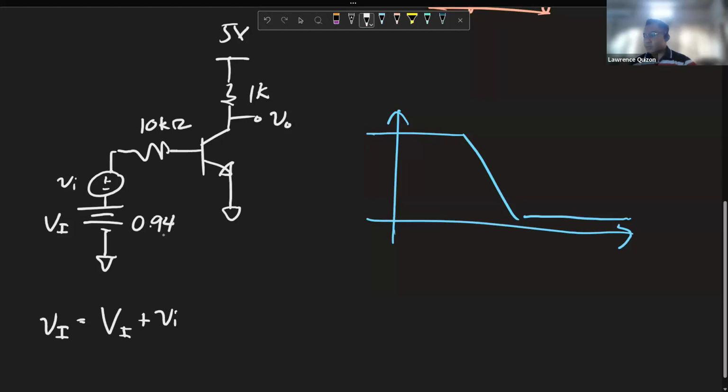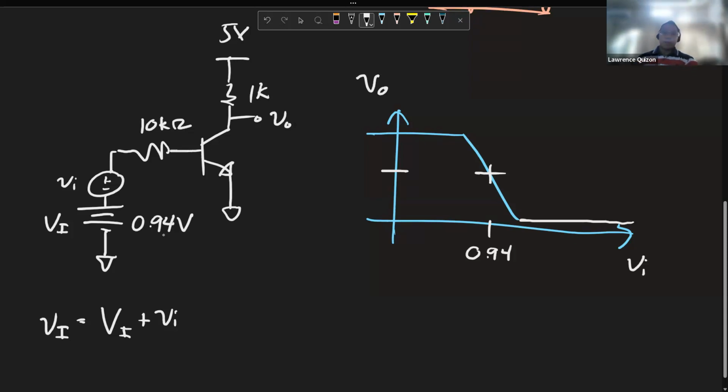Since the DC voltage for the input is 0.94, then we can place the quiescent point here, at 0.94. So this is V in and V out, right? That's your transfer characteristic. So given that 0.94 volts V in, let's solve for V out.